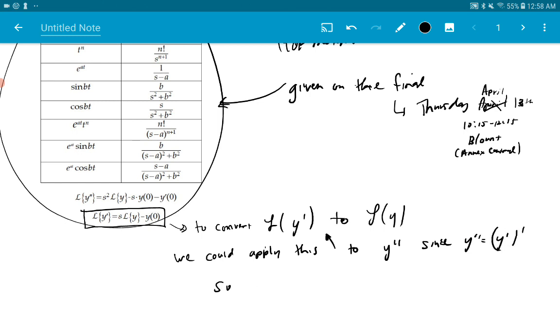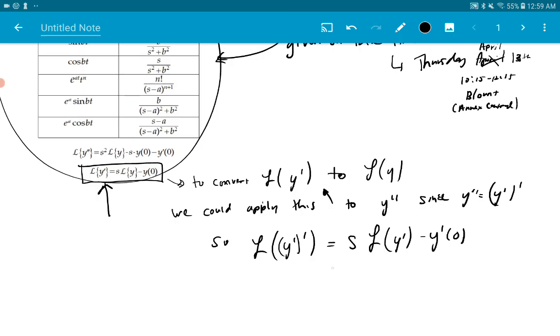So here's what I'm saying: the Laplace transform of y prime prime would be, using this formula here, s times the Laplace transform of just the first y prime minus y prime of 0.